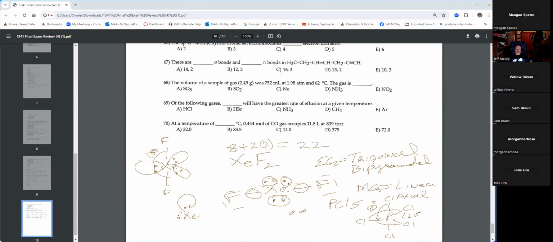You can't have non-bonding electrons at 90 degrees to each other. It's so energetically unfavorable that it doesn't happen. You have to have the non-bonding electrons at a minimum of 120 degrees from each other in the trigonal bipyramidal electron geometry.